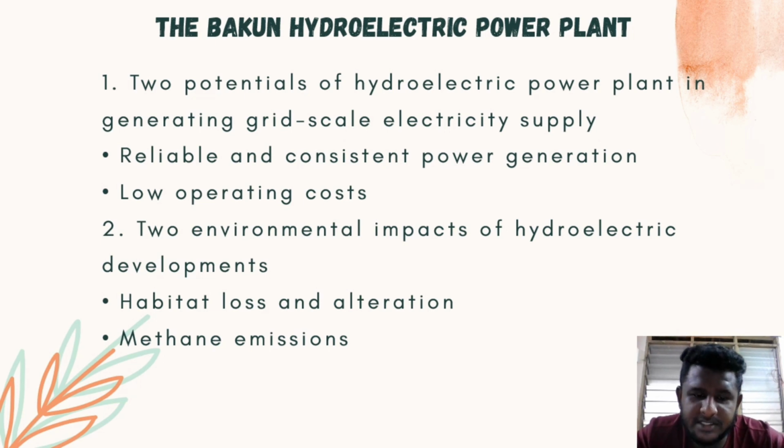There are two potentials of hydroelectric power plants in generating grid scale electricity supply. First, reliable and consistent power generation. The hydroelectric power plant can generate a steady supply of electricity, which is important for maintaining a stable and reliable grid.